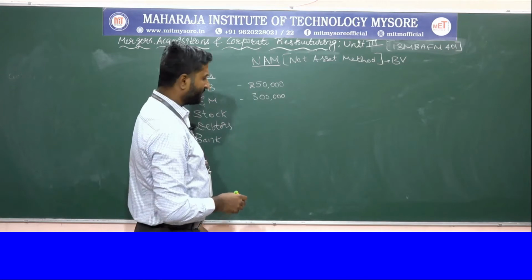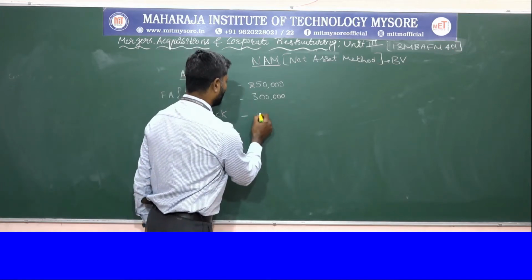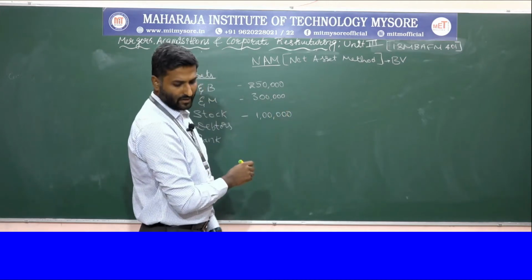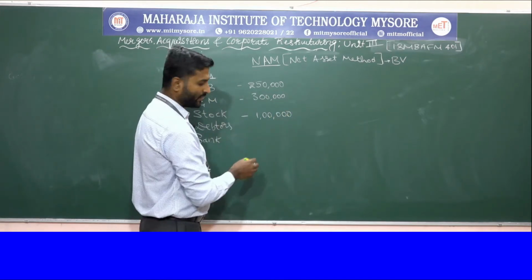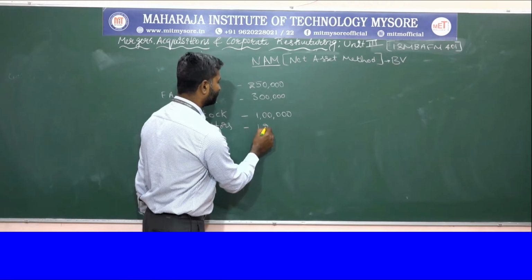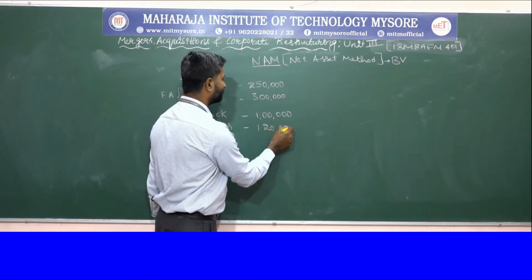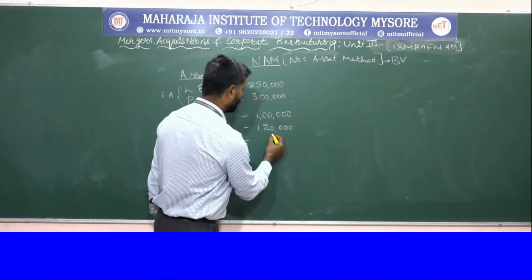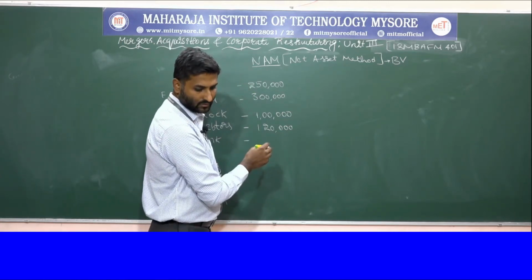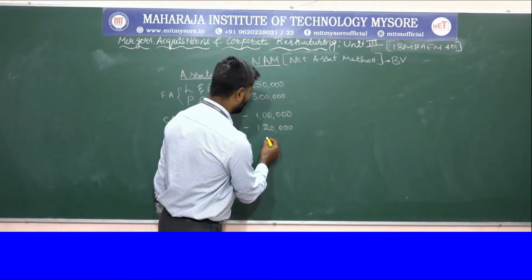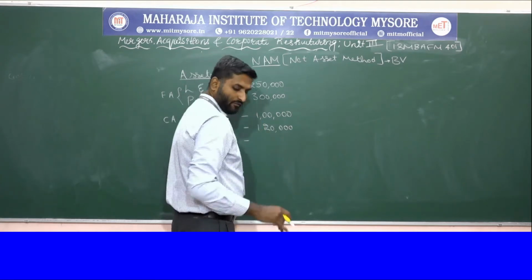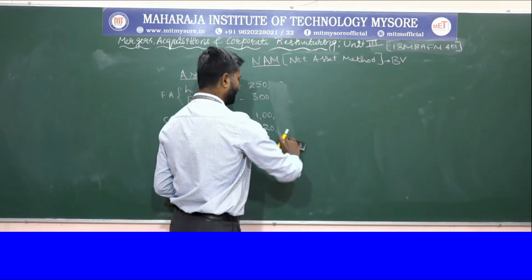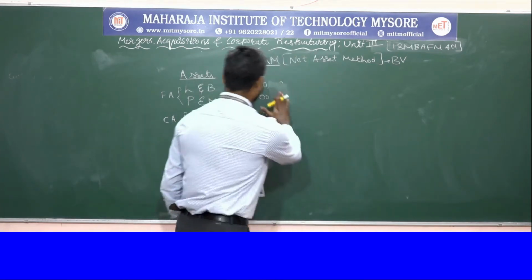The current assets they have given are 1 lakh of stock, debtors amounting to rupees 120 lakhs, and the bank with respect to 30 lakhs. Instead of taking it like this, we can directly take the amount in lakhs, which will be better.